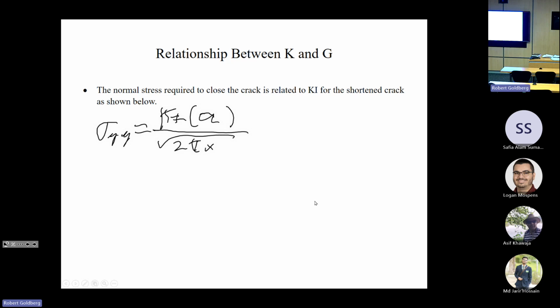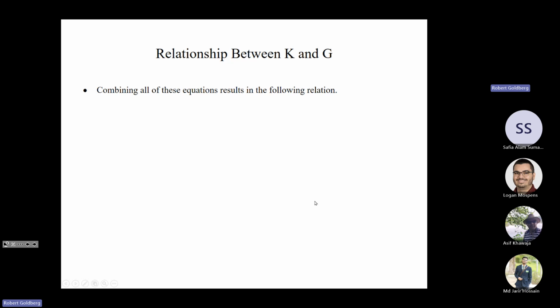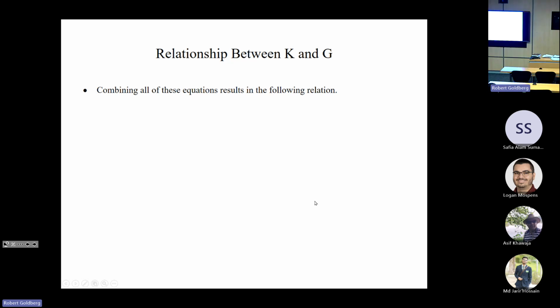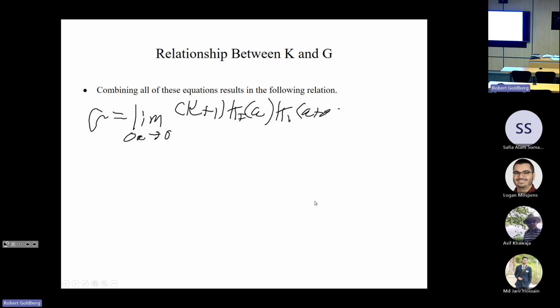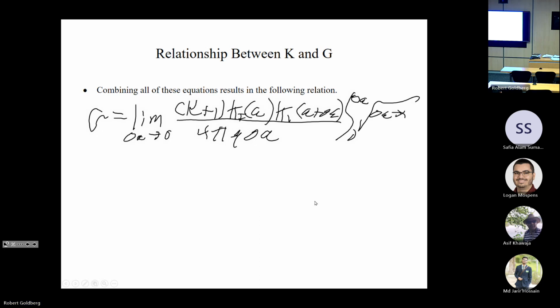So when we take all of these equations and combine them together and do lots of algebra that I'm going to spare you, we get that our strain energy release rate is equal to the limit as delta A goes to 0 of kappa plus 1 times the stress intensity factor at A, the stress intensity factor at A plus delta A, divided by 4 pi mu delta A, times the integral from 0 to delta A of the square root of delta A minus x over x, all integrated over dx.